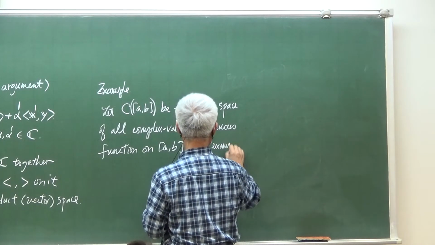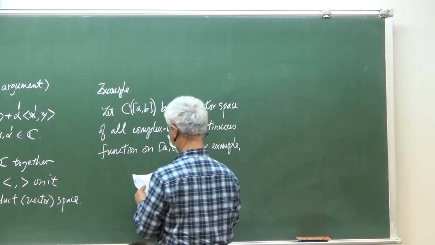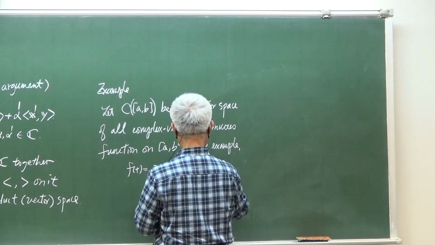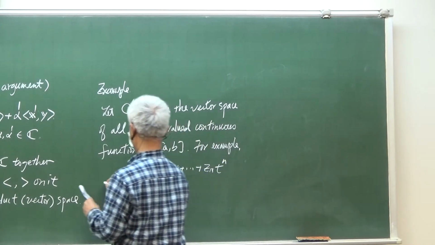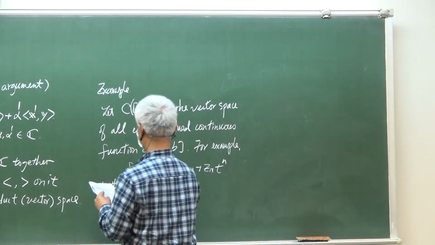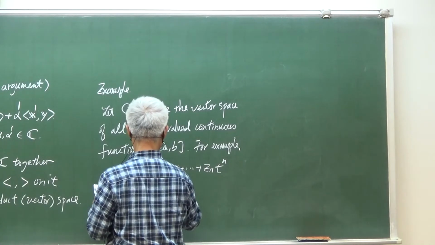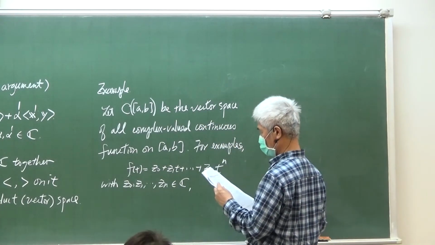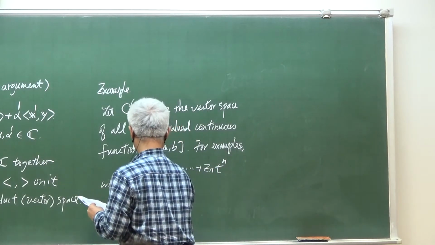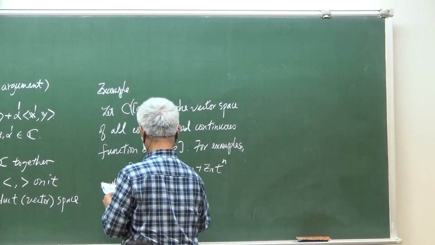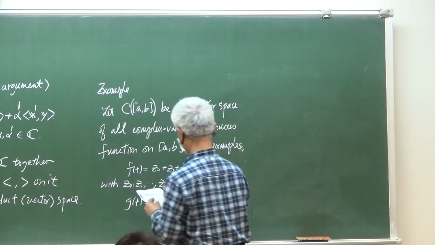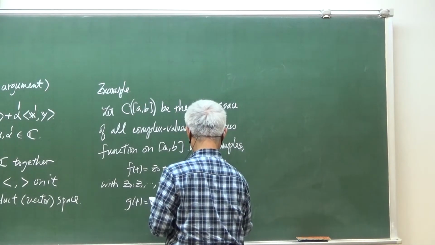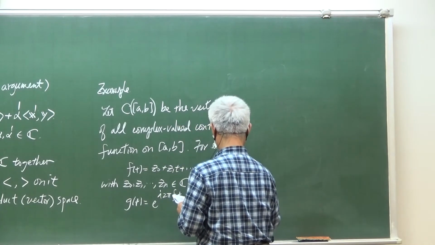For example, f of t, for example, polynomial functions, or g of t equal to e to the i 2 pi f t, a phasor, which is cosine 2 pi f t plus i sine 2 pi f t.